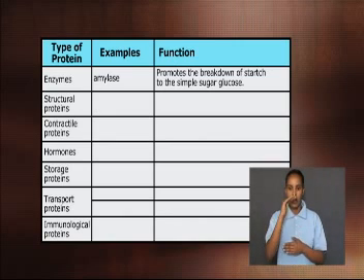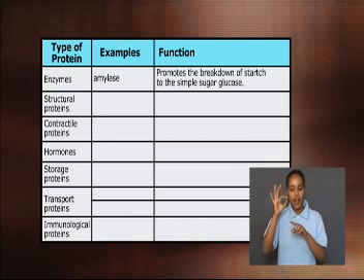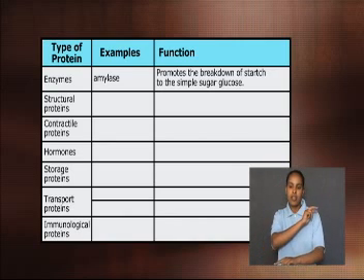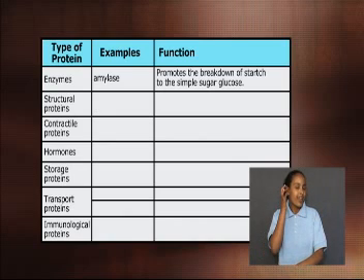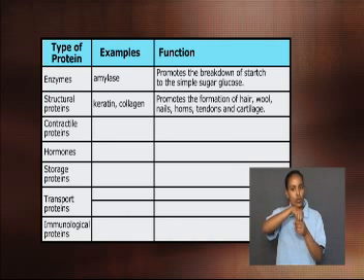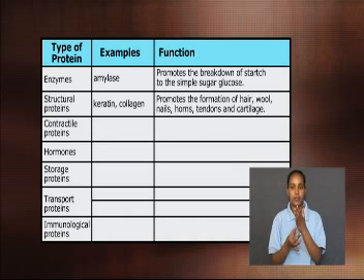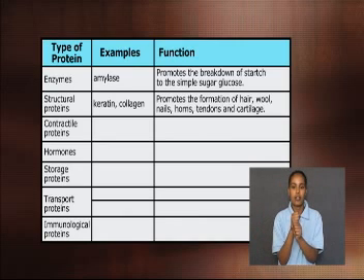Structural proteins promote the formation of hair, nails, tendons, and cartilage. Examples of structural proteins include keratin and collagen. Contractile proteins contract muscle fibers.